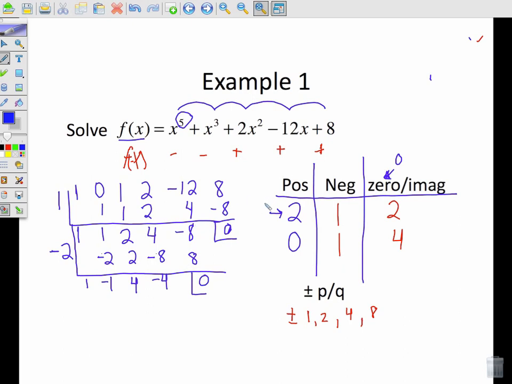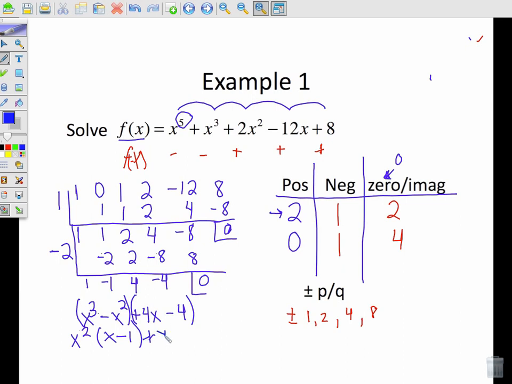Okay, so I've got 2 solutions so far. It is leaving me down to this polynomial x to the third minus x squared plus 4x minus 4. It can factor. I can group these and take out an x squared, and you get x minus 1.